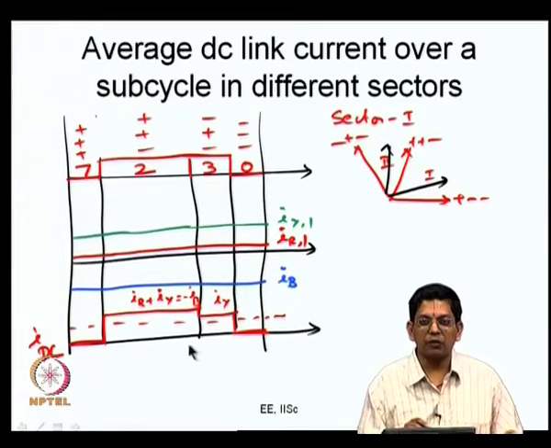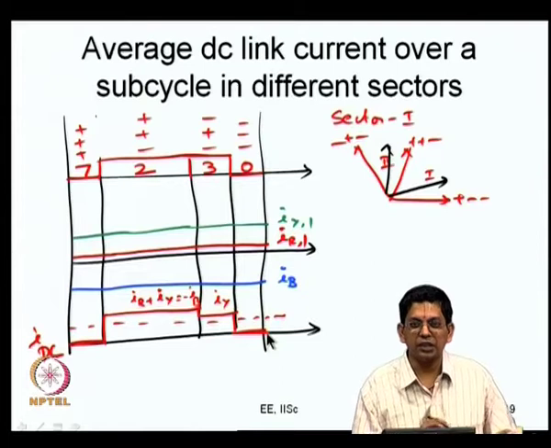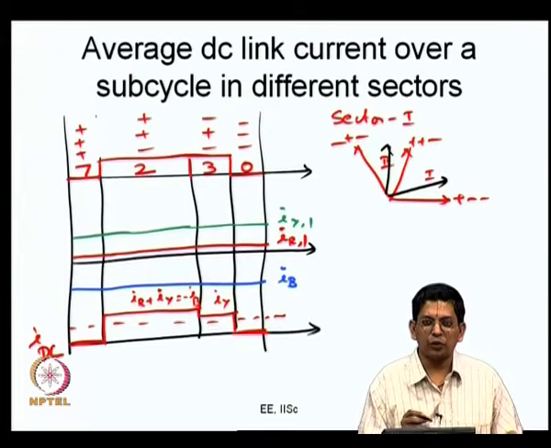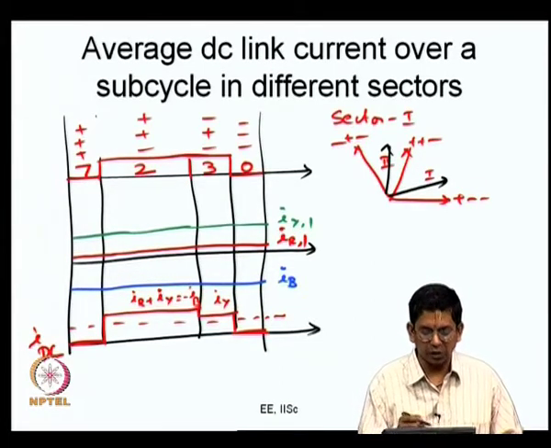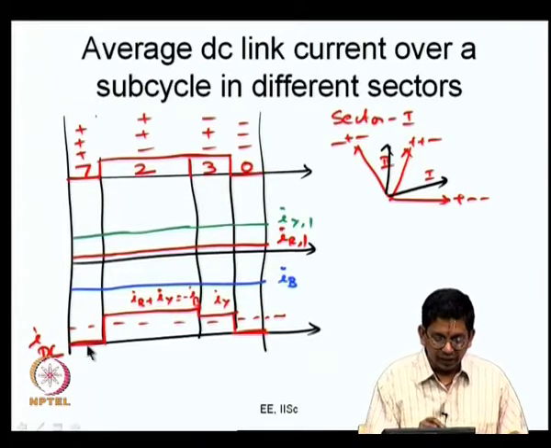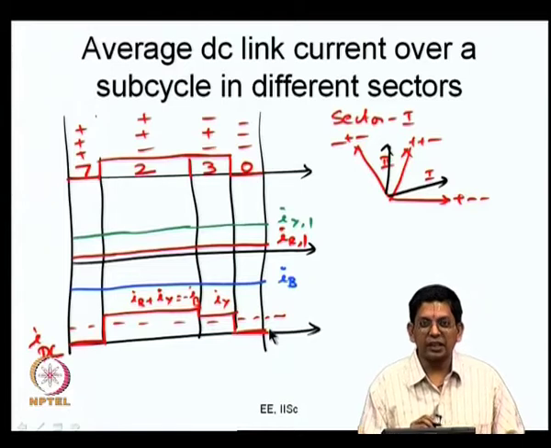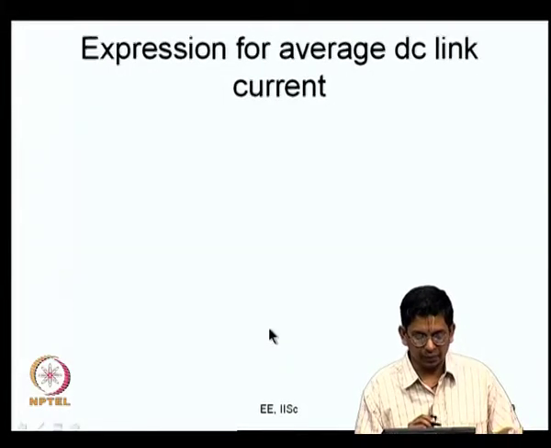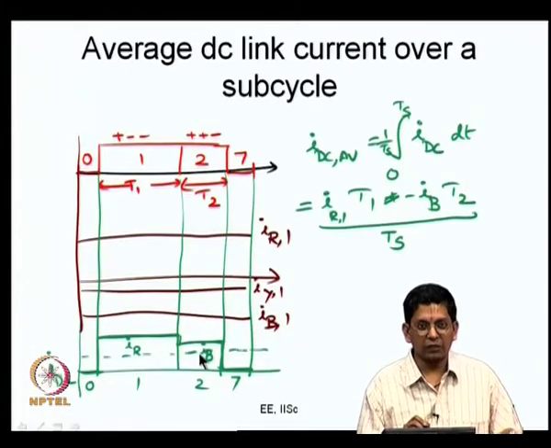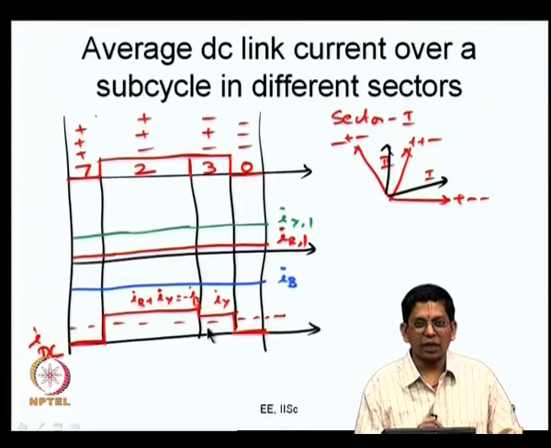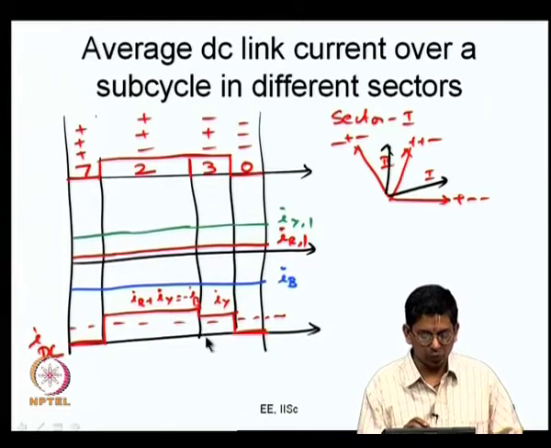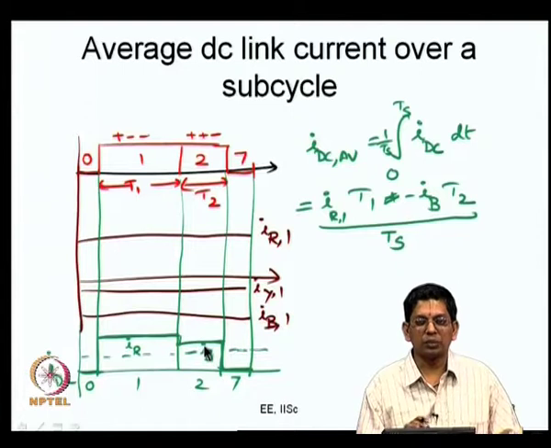Please remember, we are considering only the fundamental components, and the harmonics are very small. If you assume the peak to peak ripple current is small, they are all negligible now. So, what do you get? You see that the same pattern of the DC link current ripple repeats here and there. This and this, what I have drawn in green and what I have drawn here in red. This is sector 2, this is sector 1, both of them are the same.